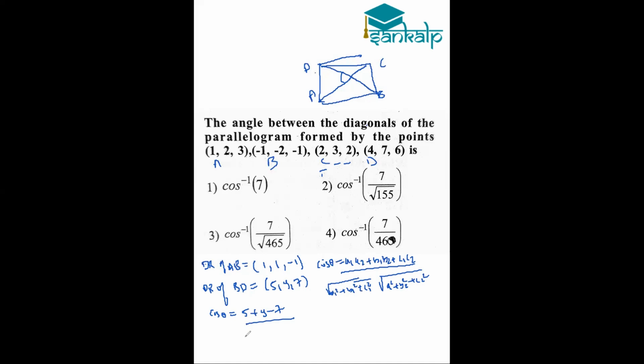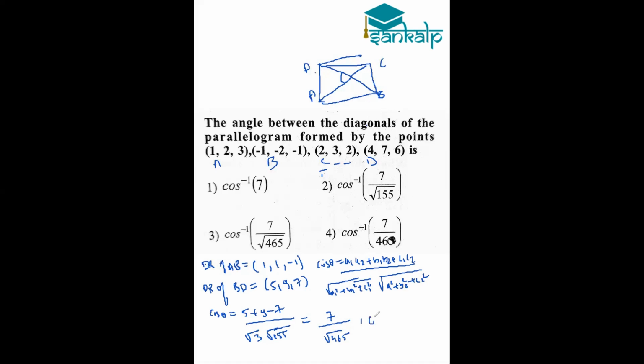So on simplifying, 1 square plus 1 square plus 1 square, it will be root 3, and 5 square plus 9 square plus 7 square is equal to root 155. On simplifying, 5 plus 9 is 14, 14 minus 7 is 7, divided by root 3 into 155. It will be equal to 465.